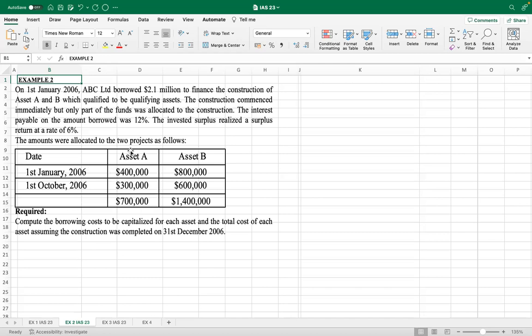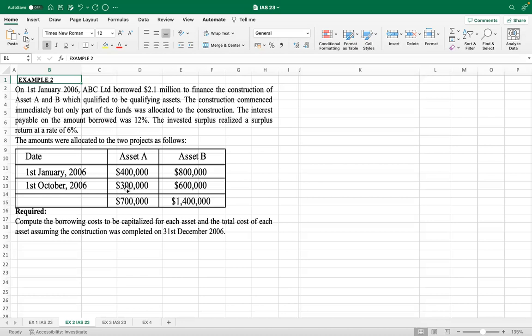So how did we use the funds? Let's start with asset A. Asset A used a total of 700,000, but the amounts were allocated to the two projects as follows. On 1st January, in other words, at the beginning of the year, we allocated 400,000 out of the 700,000 needed to finance asset A. Now, on 1st October, we again used the remaining 300,000.